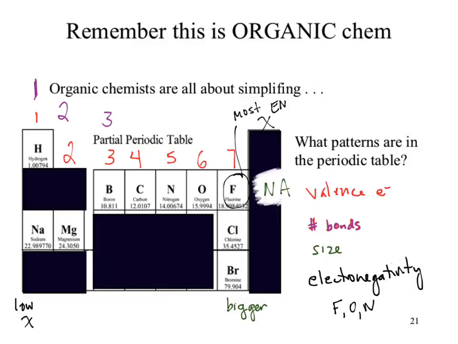Carbon. Nitrogen. Oxygen. Fluorine. 1. These we might say are the maximal amount of bonds.